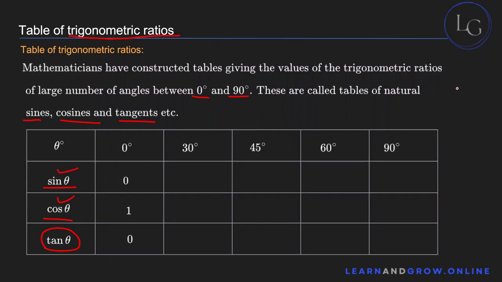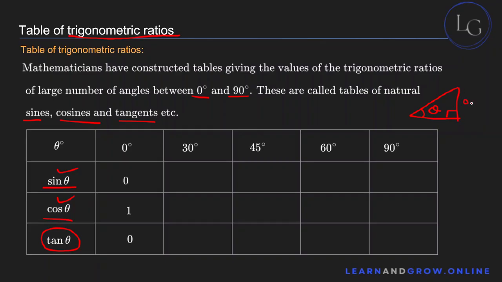So basically, if you have, let's say, this triangle over here, a right angle triangle, and say this is theta. Now, let's say that theta is 0 degrees. Let's define these sides.